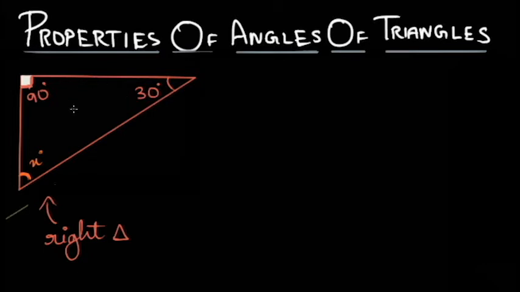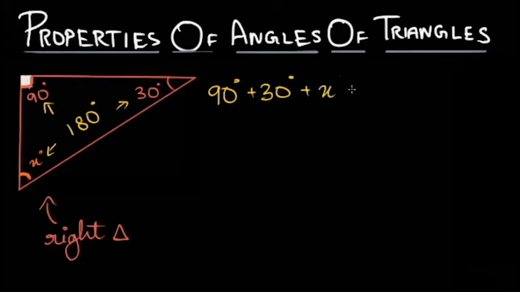To solve this, we will use the angle sum property, which says that the sum of all these three angles always adds up to 180 degrees. So this makes 90 plus 30 plus X equal to 180 degrees.